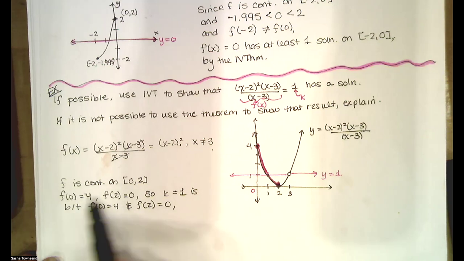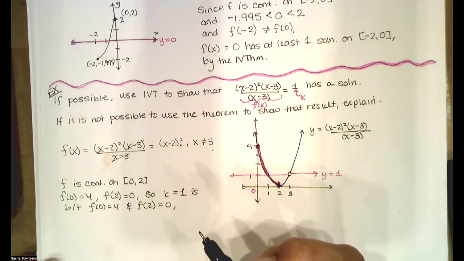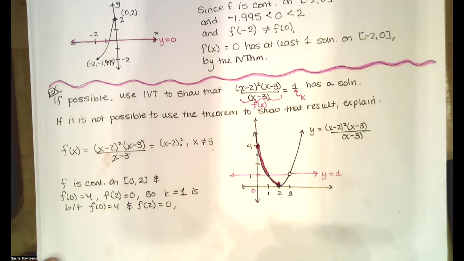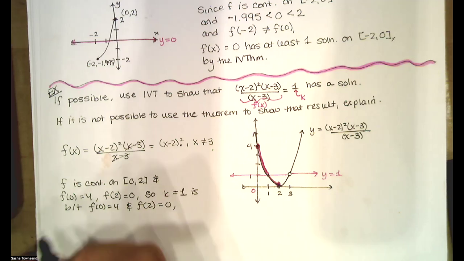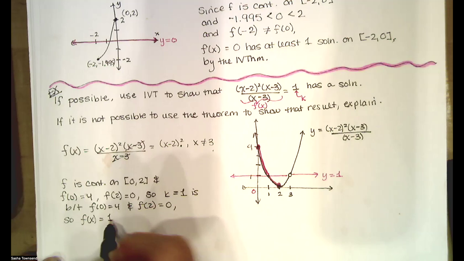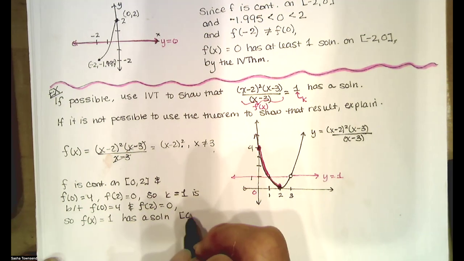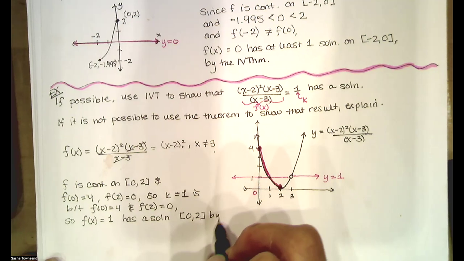So this is true and this is true. So f of x equals 1 has a solution on the interval from 0 to 2 by the intermediate value theorem.